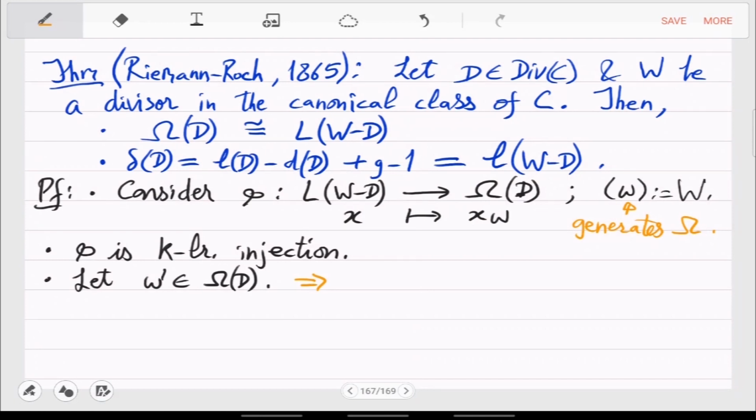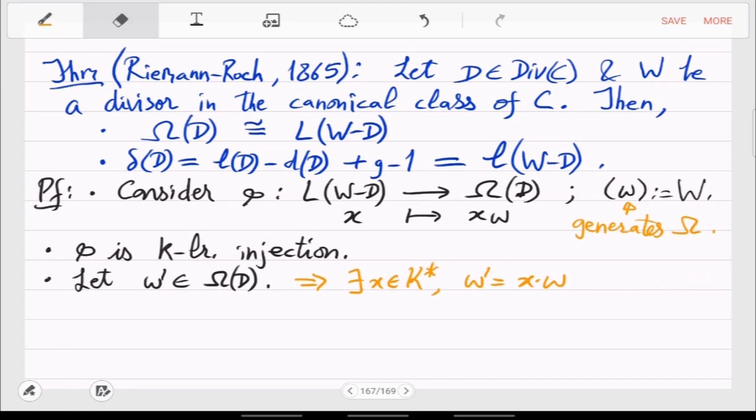So there exists a function x such that omega prime is x times omega. Maybe I should not mix these two up.